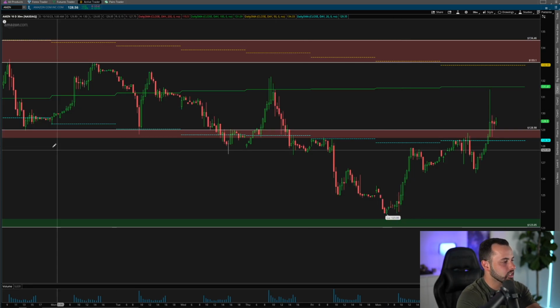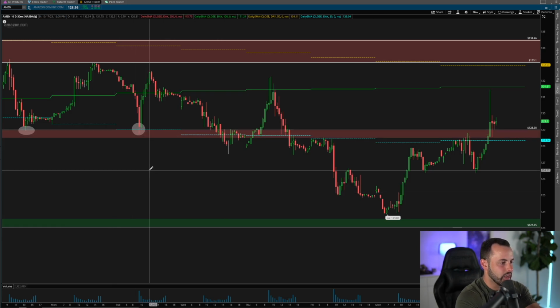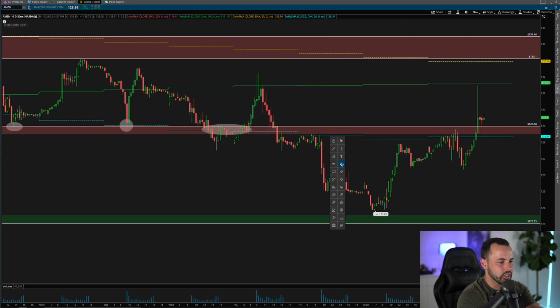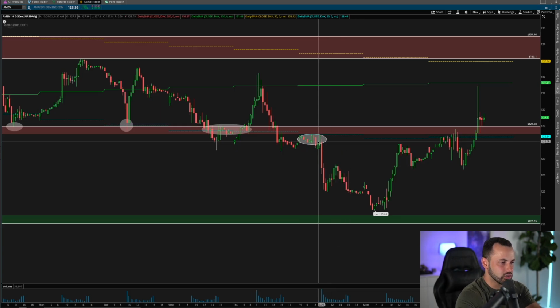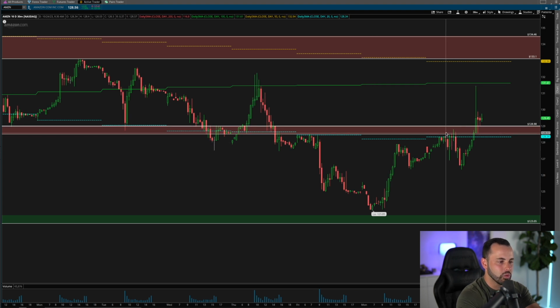And what we can see is we had previous support at 129, previous general support here around 129. Now, on Friday of last week, look what it did. It turned into a very nice rejection point. And so today, we took a trade on Amazon using the same break and retest strategy using that 129 level.